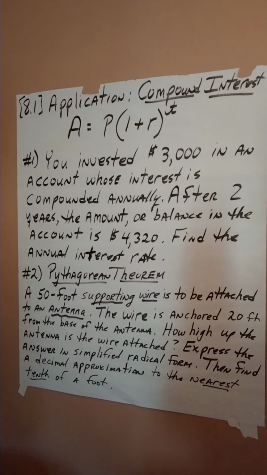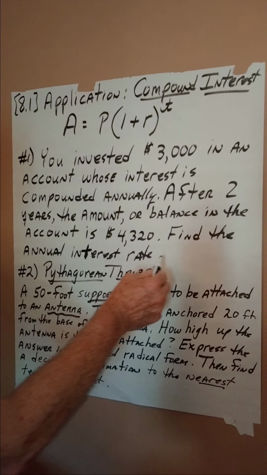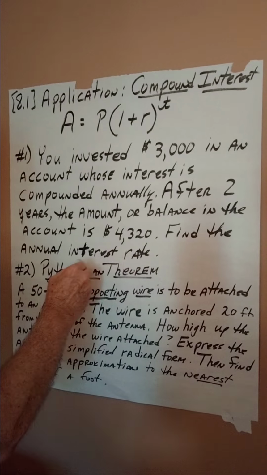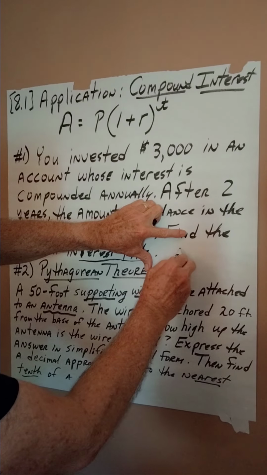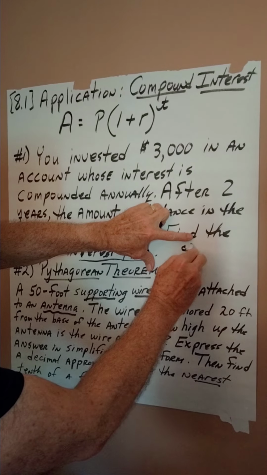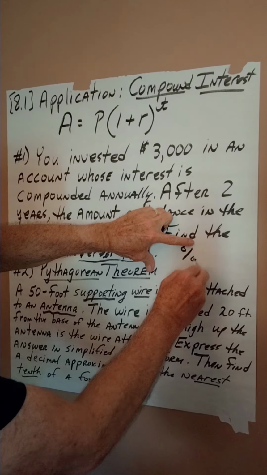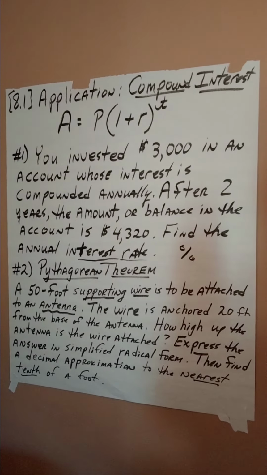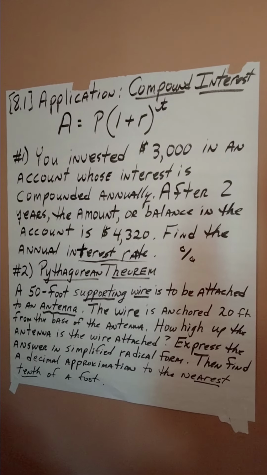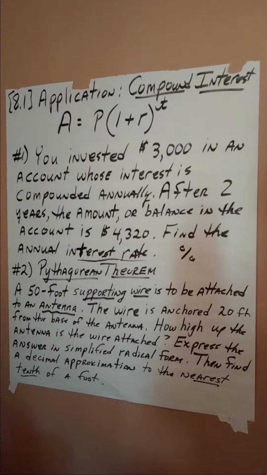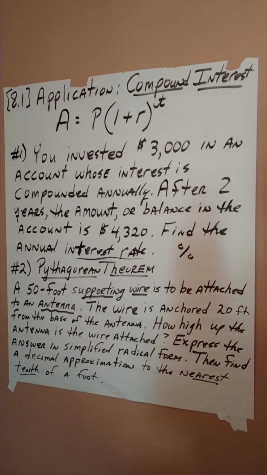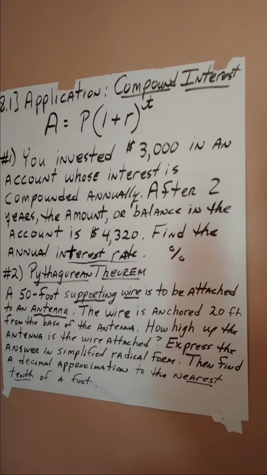So just a little item that I'm going to put right down here in this spot. They want us to find the interest rate. Our answer will be a percent. Rates in banking are expressed as percents. So our rate that we will eventually come up with will be a percent.